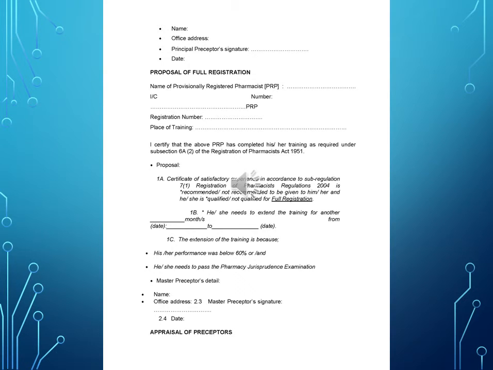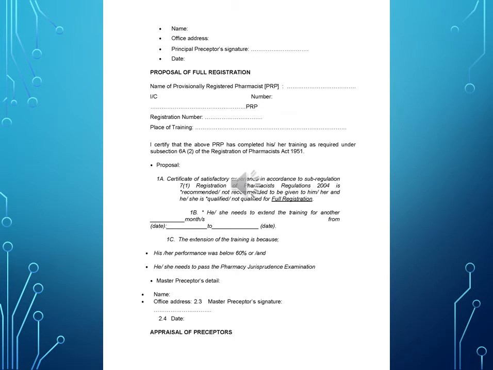Certificate of satisfactory experience in accordance to Sub-Regulation 7(1), Registration of Pharmacists Regulations 2004, is *recommended/not recommended to be given to him/her and he/she is *qualified/not qualified for full registration. 1B. *He/she needs to extend the training for another month per second from date.